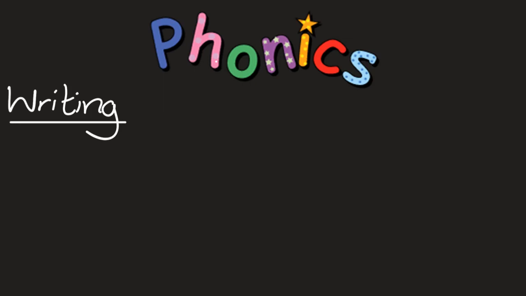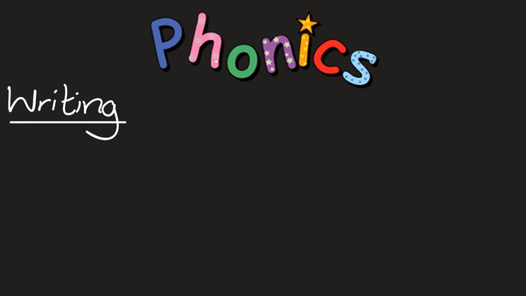Right, so our last little job today is some writing. So what I'm going to do is I'm going to call out 2 words at a time and give you some time to write them down. We're going to write a whole sentence, and inside this sentence will be some tricky words, some words with adjacent consonants at the end, like we looked at last week, and some with some adjacent consonants at the beginning.